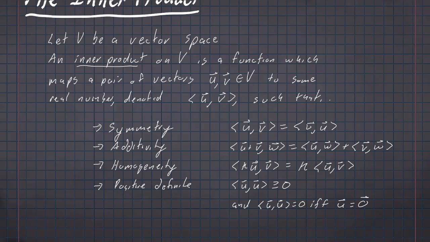And furthermore, the equals 0 case can only occur when the vector you are looking at is itself the 0 vector. So these four properties, these four axioms, are the definition of an inner product.